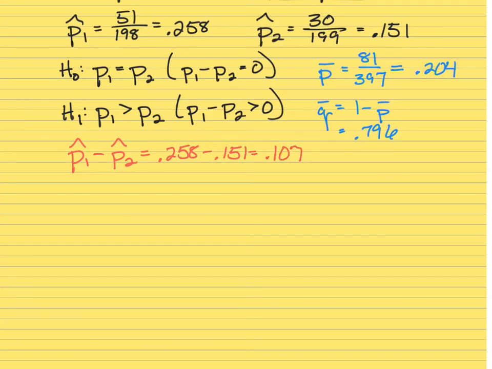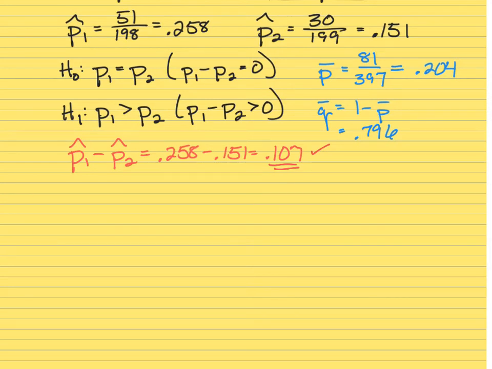All right, and so that's the actual difference. There was a 10% difference between the two groups. We want to keep track of that, and what we're trying to determine is, is this significantly different than the hypothesized difference of 0? Sure seems like it, but remember, we need to do some analysis on this.